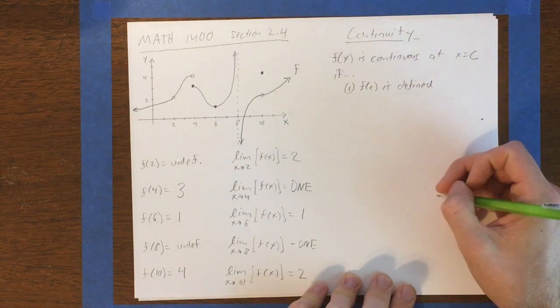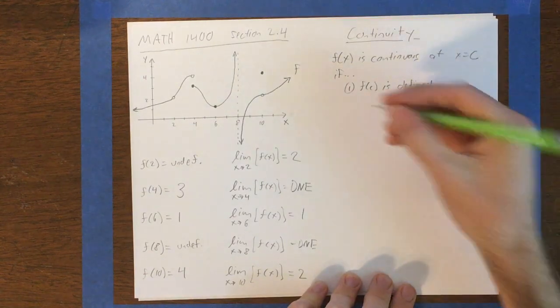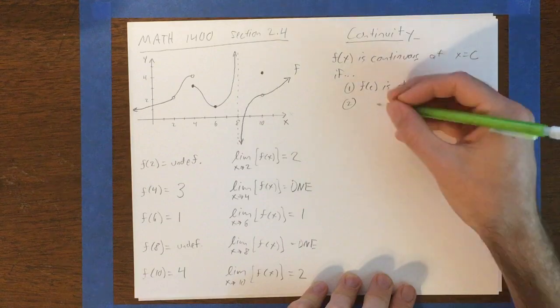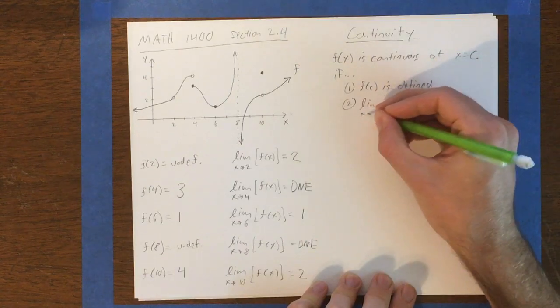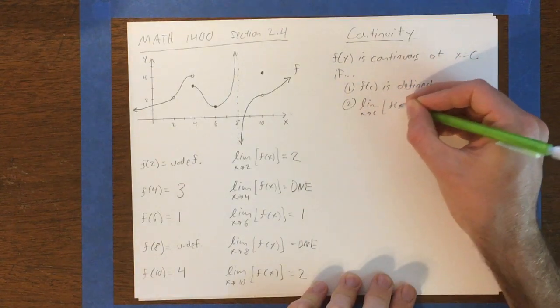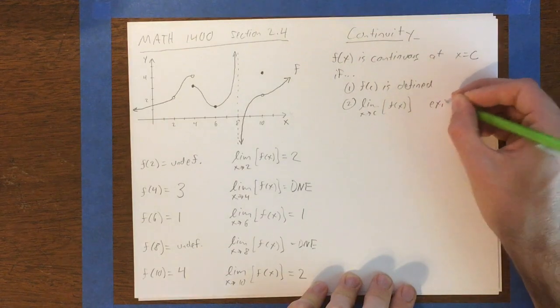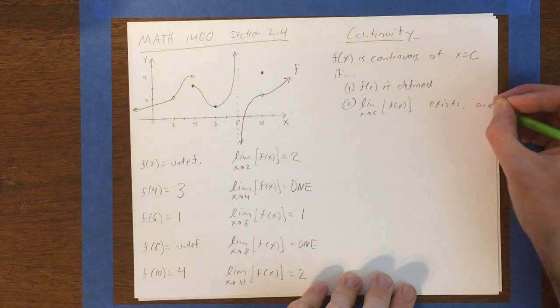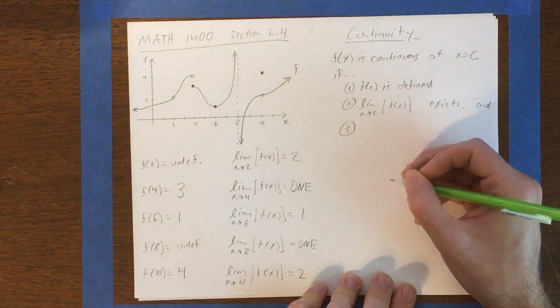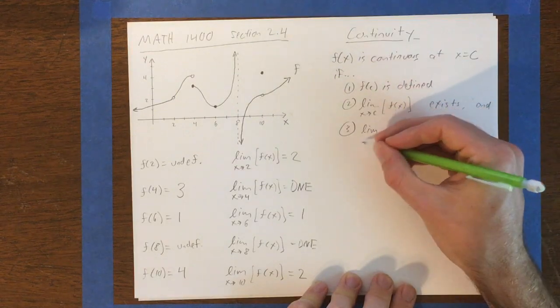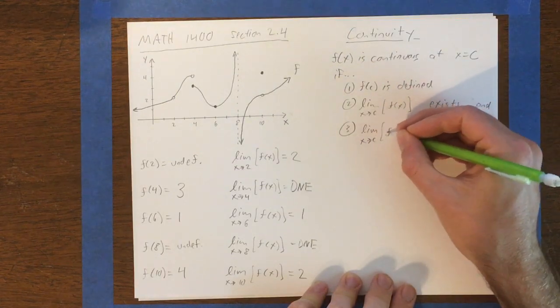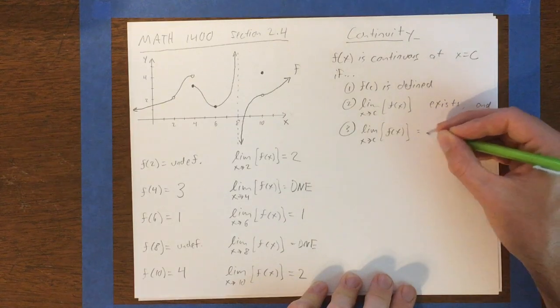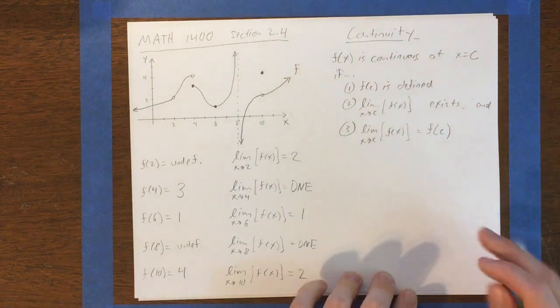Okay, we have to have an output, meaning c has to be in the domain of f. 2, the limit exists as x approaches c. And 3, they are equal to each other. The limit as x approaches c of f of x is actually equal to the function value f of c.